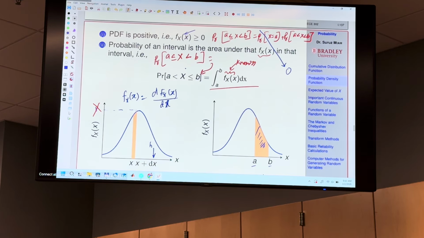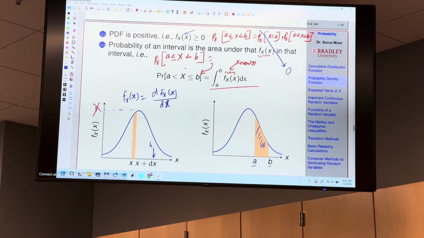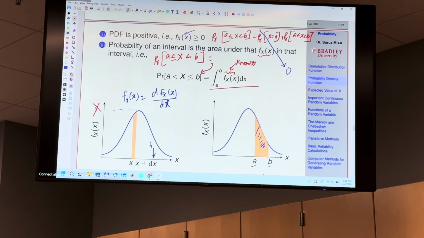So that's why for continuous random variable, less than or equals or simply less than, it does not matter.